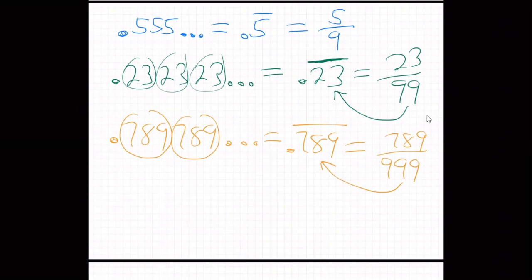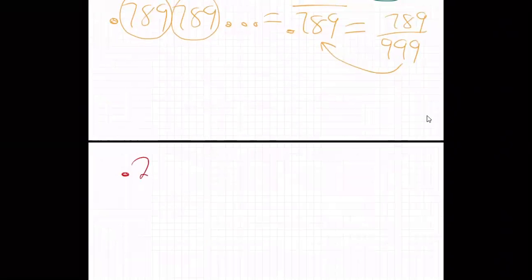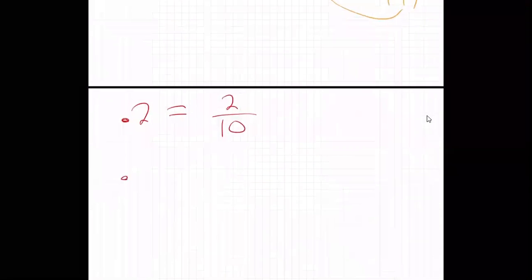But first, let me add to the mystery. What if you have a 0.0 and then the 2s forever? So I'm getting back to the 1 digit, but I'm throwing a 0 in front. Let me go slower. Let me build that up more slowly. You guys know 0.2 is 2 over 10, right? 0.2 is 2 over 10.